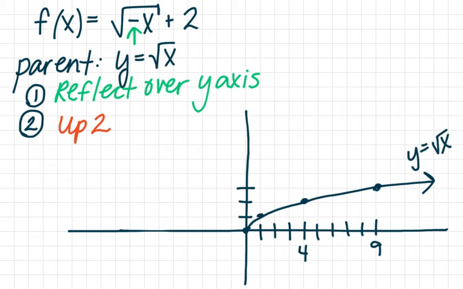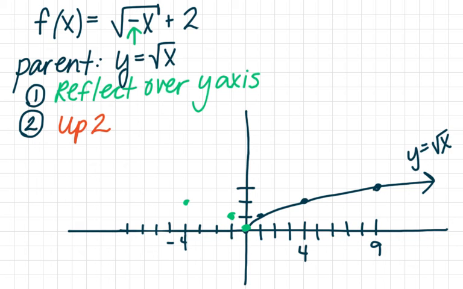Now we want to reflect over the y-axis. The point 0, 0, our initial point, does not change since it is on the y-axis. However, our next point, which was right 1, up 1, if we reflect over the y-axis, is going to go to negative 1, up 1. Our point that was 4, 2 is going to reflect and become negative 4, 2.